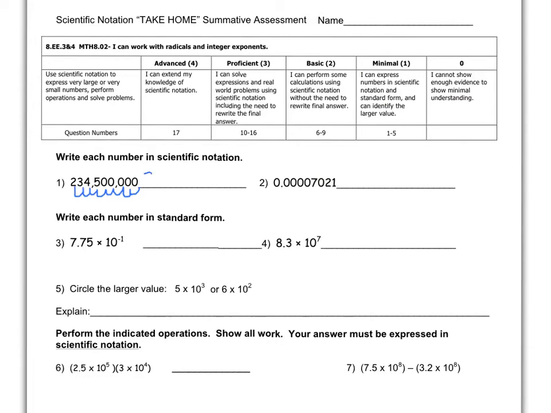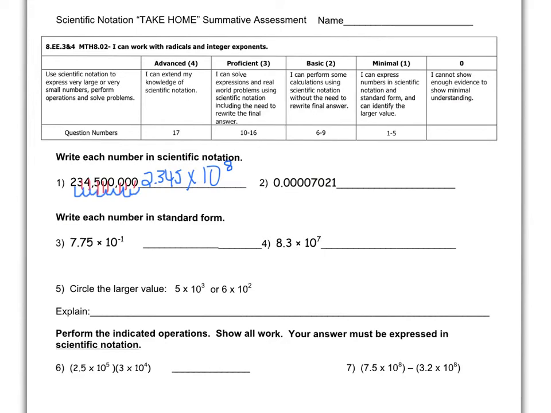So that is 2.345 times 10 to the, and then how many places did you move the decimal? We moved it 1, 2, 3, 4, 5, 6, 7, 8 places. It was a large number, so it is going to be a positive exponent. 1, 2, 3, 4, 5, 6, 7. And I always double check one more time. 1, 2, 3, 4, 5, 6, 7, 8.